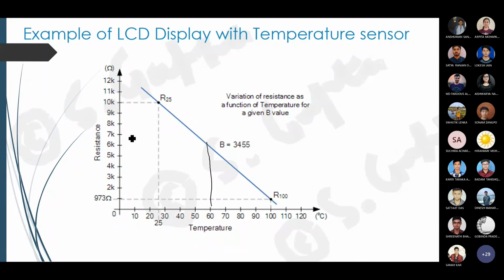And so this can be converted into the current or voltage. So that voltage can be passed to this ADC and then to the microcontroller. And then if you want to display this temperature, to the display unit.